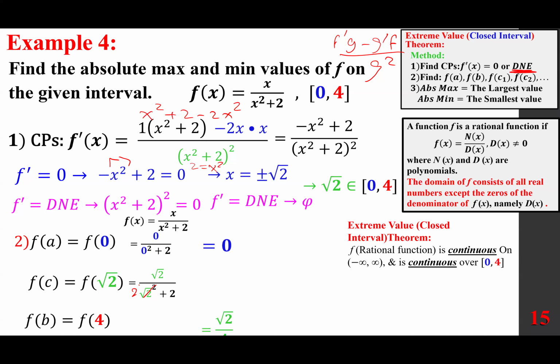So it's precisely square root of 2 over 4. Let's plug in 4. 4 over 4 squared plus 2. 4 squared is 16. You get 4 over 18, which is 2 over 9.